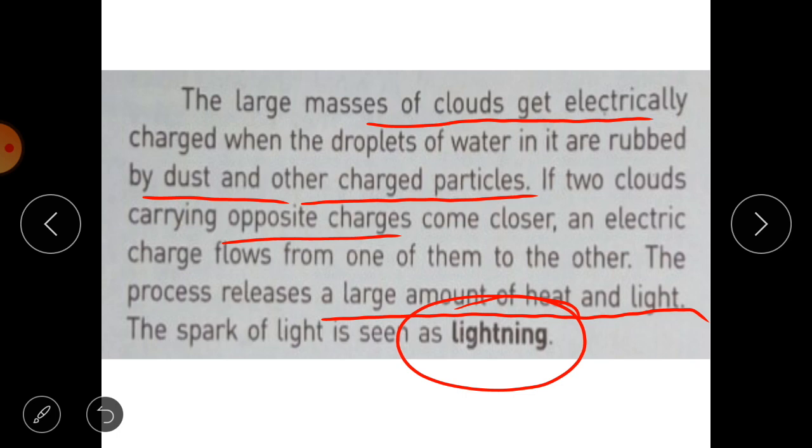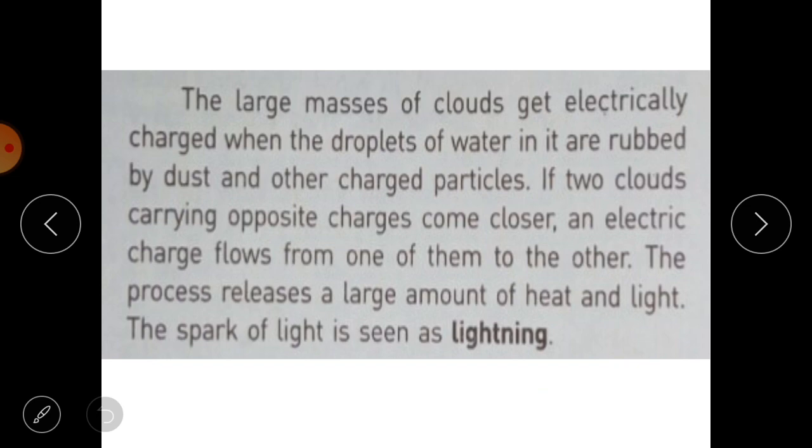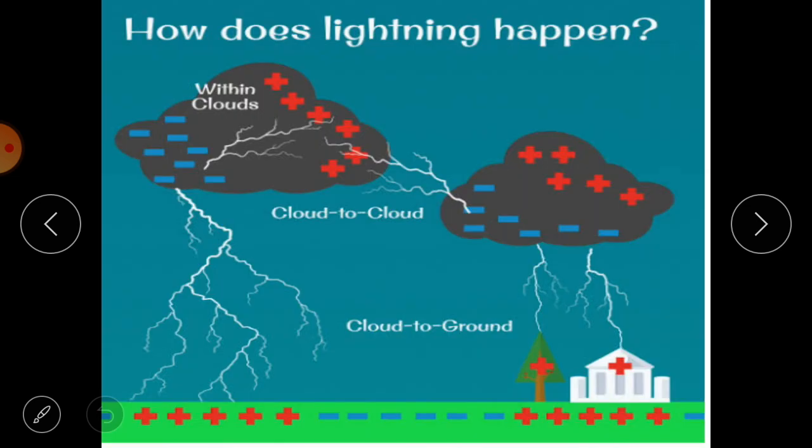So lightning is the phenomenon in which these charged clouds are rubbed by the dust and other charged particles. And one more thing is that the two clouds should have different charges. Look at this picture.